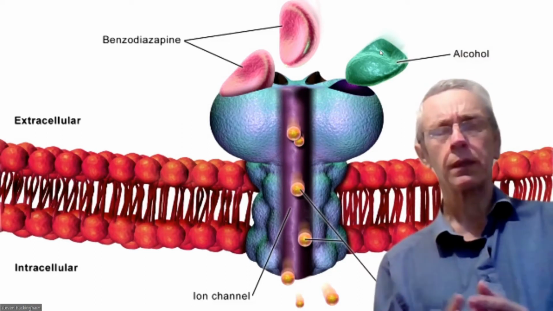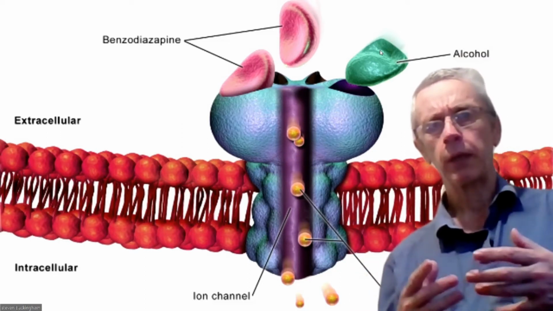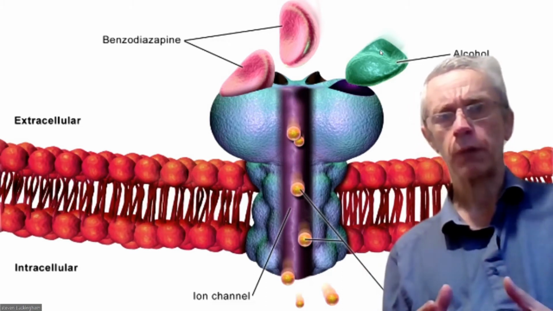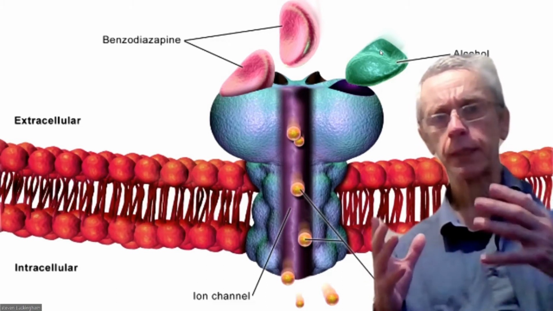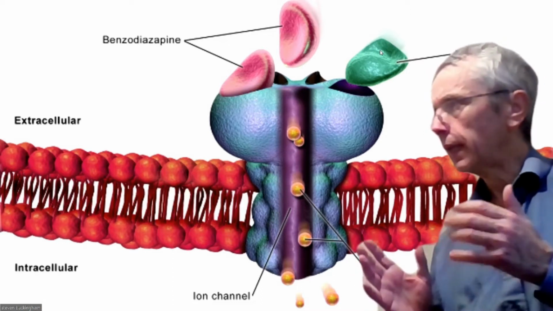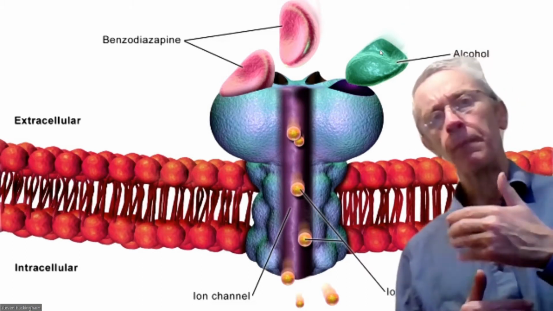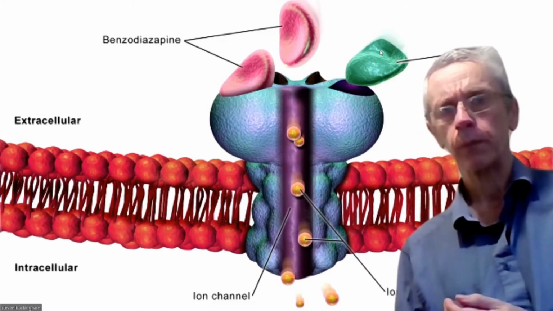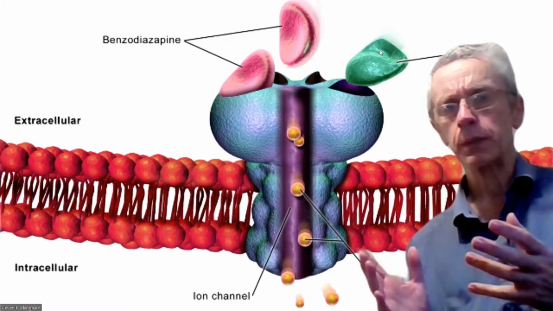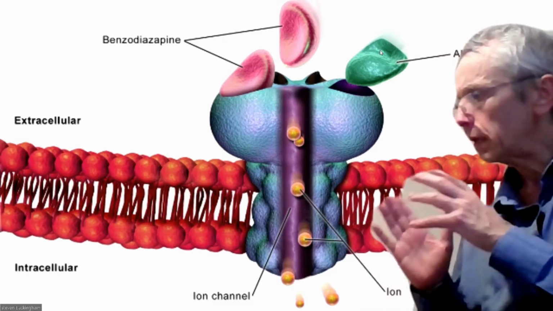GABA receptors are one of the targets for alcohol, but there are also a number of other sites, including barbiturate sites and steroid sites, all of which act as allosteric modulators. And it's thought that that's how some general anaesthetics work, and particularly one of the most important ones, which is Propofol.